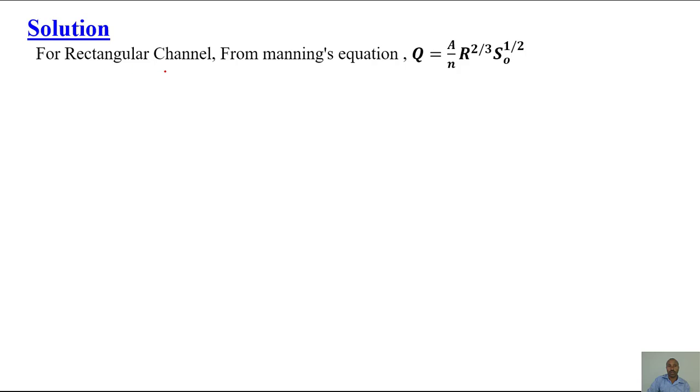For a rectangular channel, from Manning's equation, you have this formula. As I said previously, for a rectangular channel, you simply substitute the area and hydraulic radius, then bring Q n over the square root of S naught to this side. Then if you divide by b to the power of 8/3, everything will cancel out.